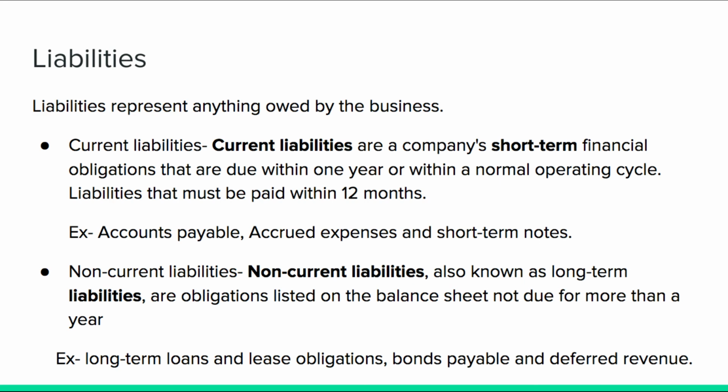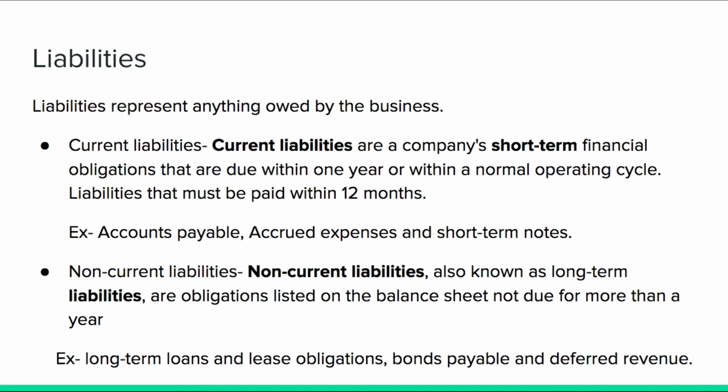But in most cases, the loans that are taken from the bank are repaid within more than 1 year. So, in that case, it will be non-current liabilities, which are also known as long-term liabilities. They are obligations listed on the balance sheet which are not due for more than 1 year. Some examples of current liabilities would be accounts payable, accrued expenses, and short-term notes.